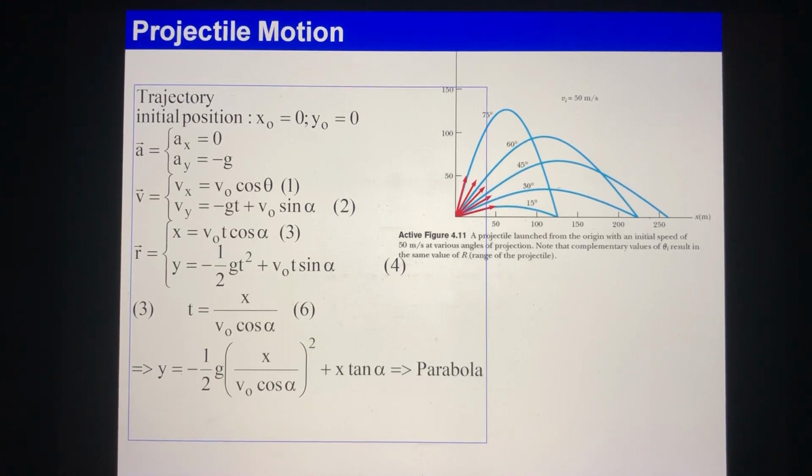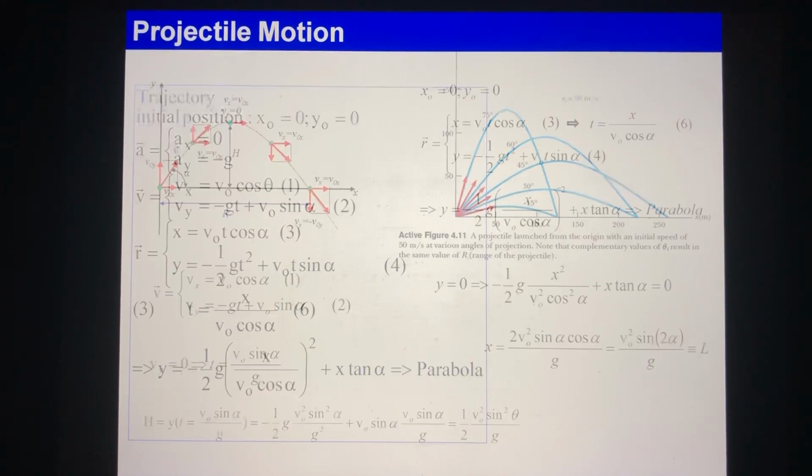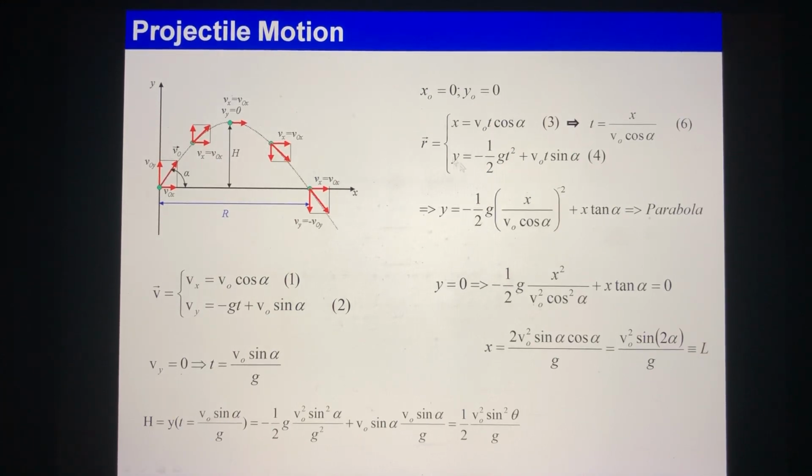Now we should calculate the maximum height, horizontal range, and the flight time. So here I rewrite the position vector, velocity vector, and the trajectory based on three expressions. I will calculate the height and the horizontal range as well as the flight time.